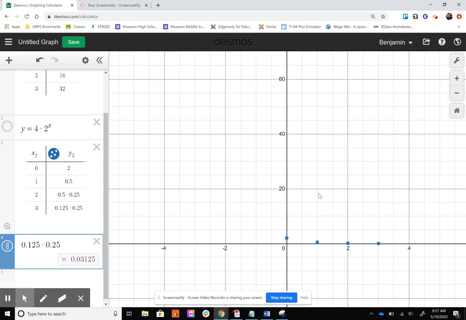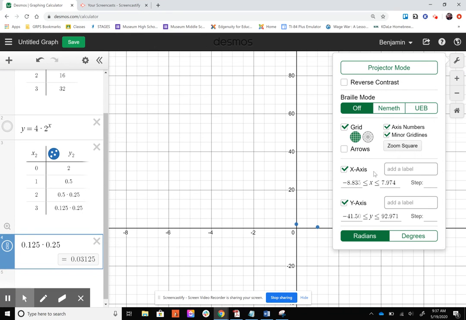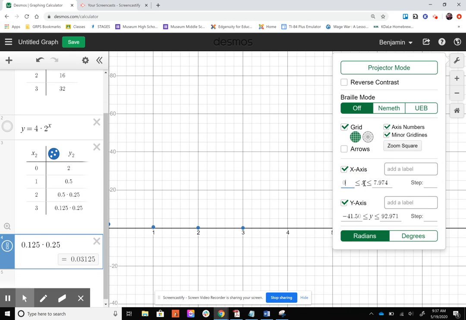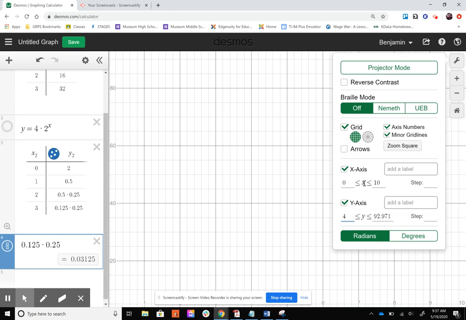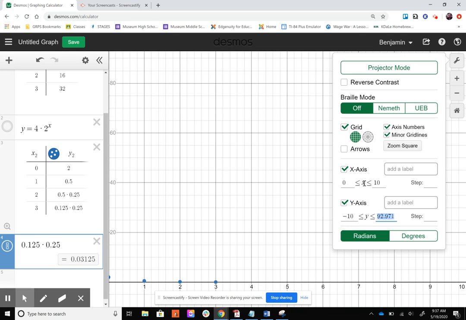So if we go back here, I'm going to zoom in so that this shows a little bit better. Our x value, 0 to, let's say, 10. Our y value doesn't really get above 2, so I'm going to just say 4. Let's say negative 3 to 3.